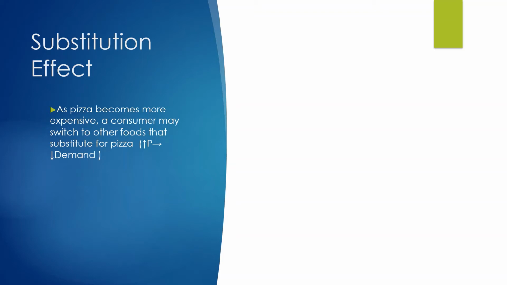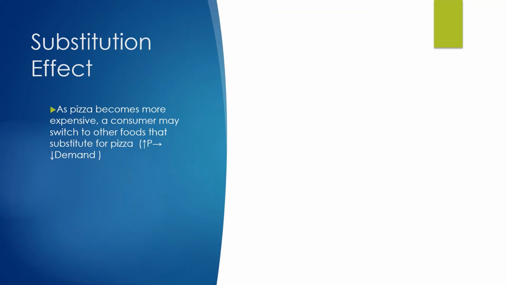Okay, come back to the substitution effect, which is one of the reasons for the negative relation between prices and the quantity. For that, let us again consider the pizza market. If there is an increase in the price of pizza, how is the demand for pizza going to respond to that increase in price? Of course, the demand for pizza is going to decrease.